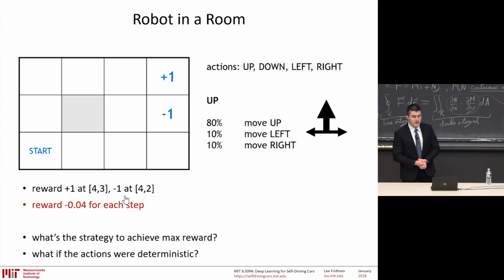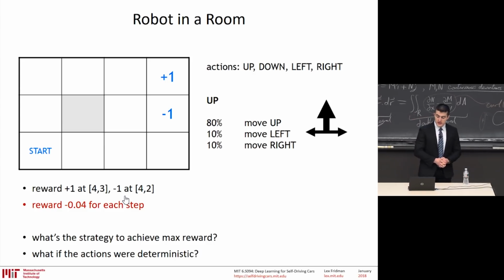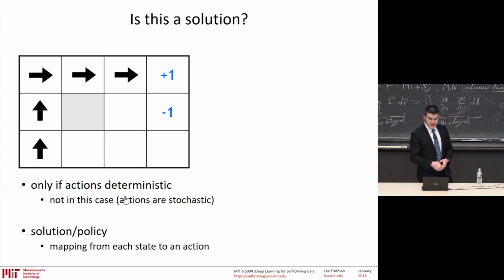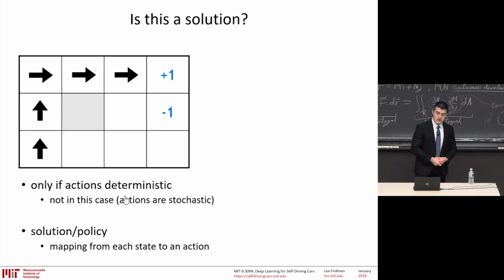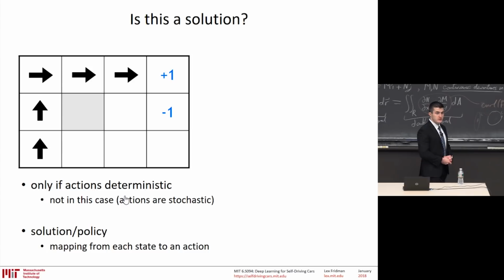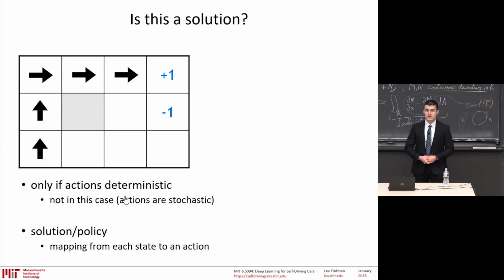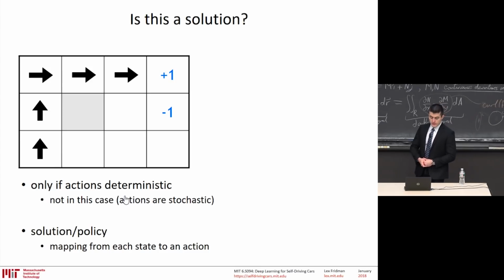So what is the optimal policy in this world? Now, when everything is deterministic, perhaps this is the policy. When you start at the bottom left, because every step has a negative reward, you want to take the shortest path to the square with the maximum reward.